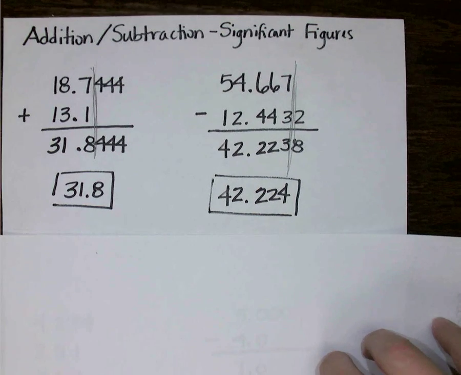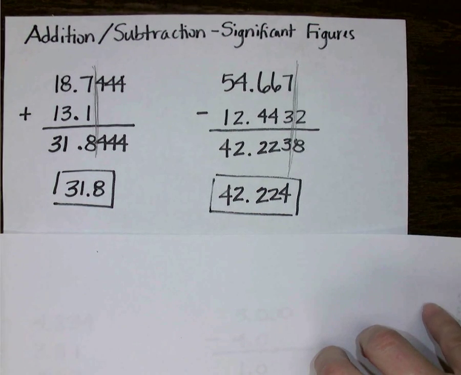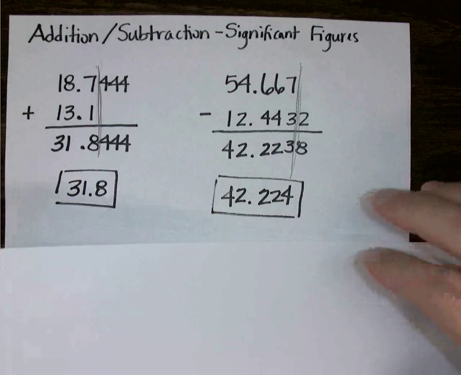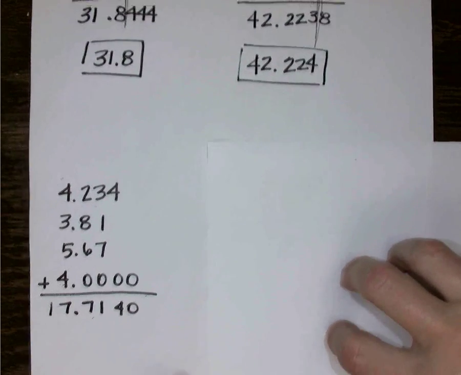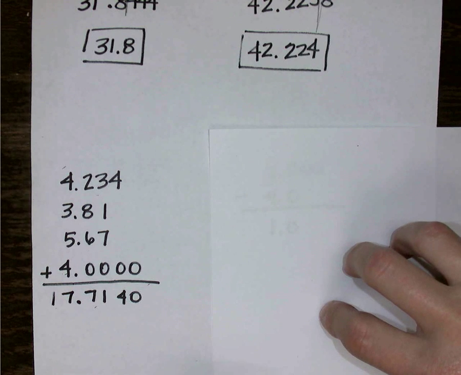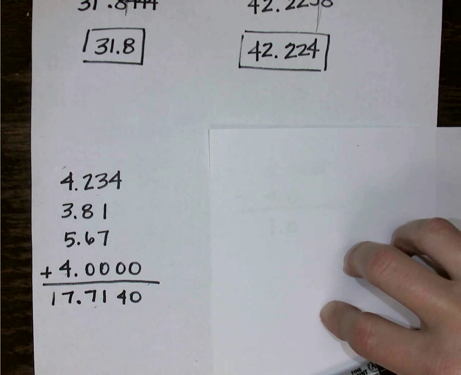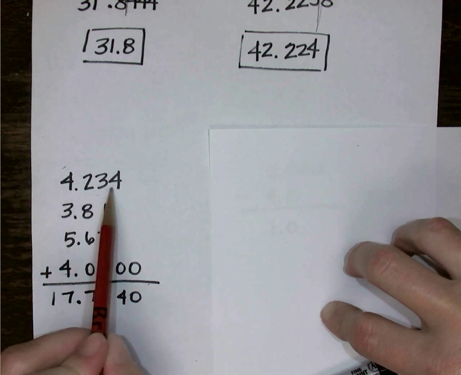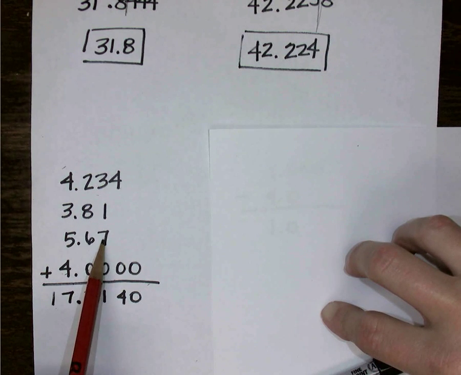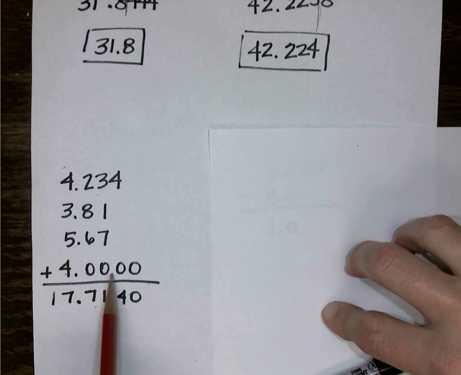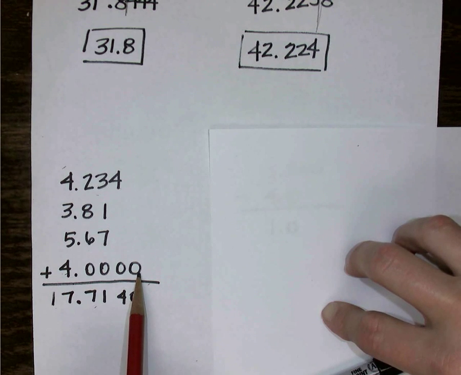We have two more examples of addition and subtraction. Here is one that is addition, and again, I've done the preliminary work. If we look at these numbers, this number goes all the way out to the 1,000th place. These two numbers end at the 100th place, and this number goes to the 10,000th place.